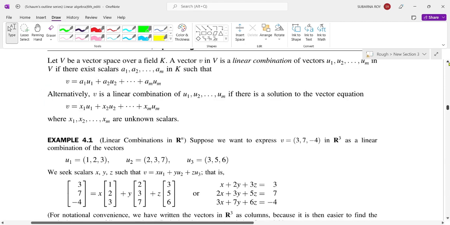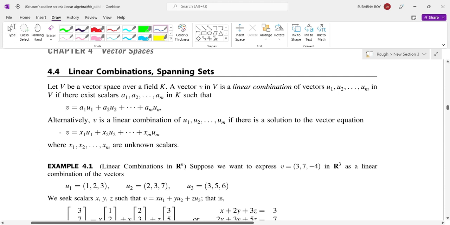And now we discuss linear combination or spanning set. Linear combination: let V be a vector space over a field K. Then a vector v in V is a linear combination of vectors u1, u2, ..., um in V if there exist m scalars, that is a1, a2, ..., am in K, such that v can be written as a1 u1 plus a2 u2 plus dot dot plus am um.